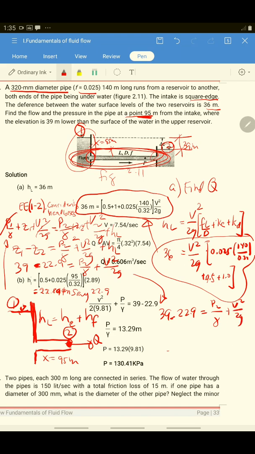Since we are going to find the pressure at point 2, what we have is 39 minus 22.9 minus V2 squared over 2G.